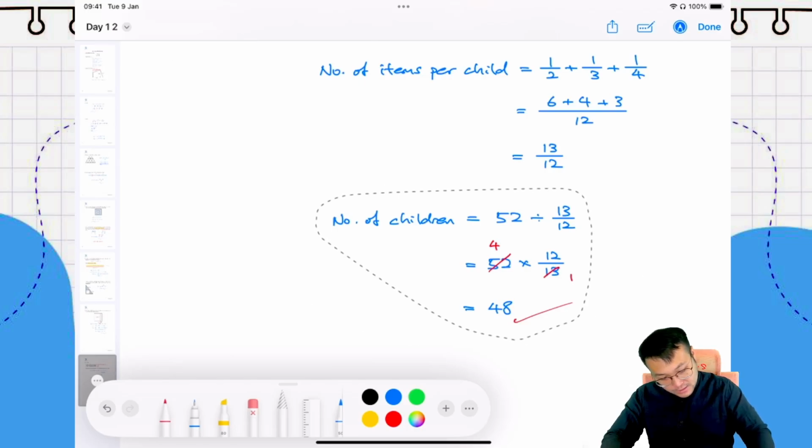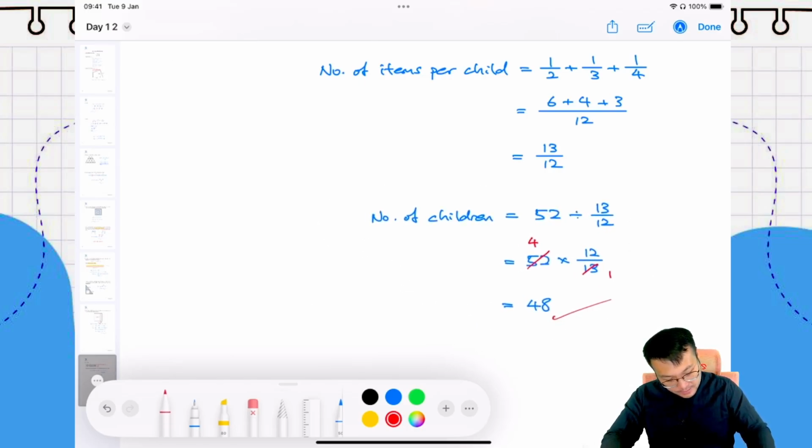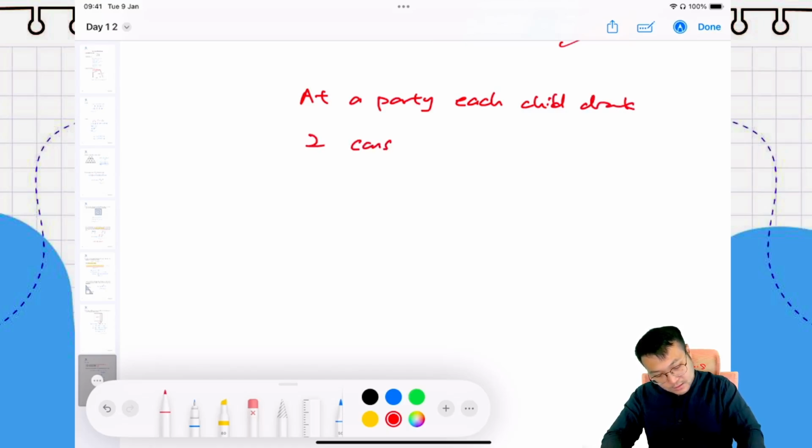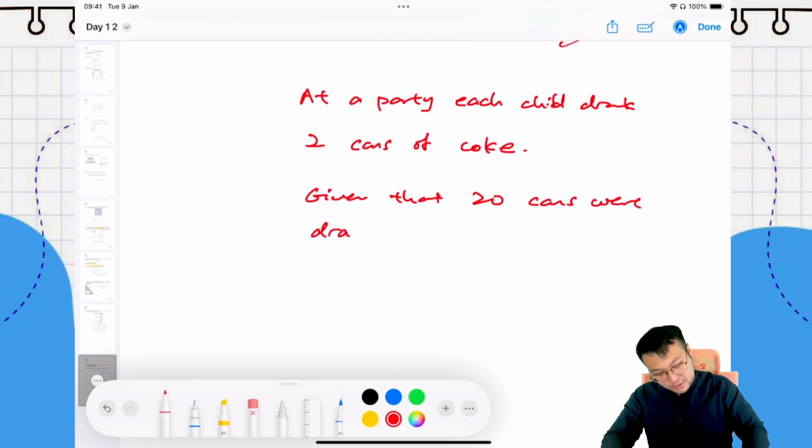Good job. So students, it's quite simple. Now let me explain to you something. If I tell you that at a party, each child drank 2 cans of Coke, given that 20 cans were drunk in total, how many children are there? Very easy, what? The total number of cans divided by the number of cans that each person drinks.